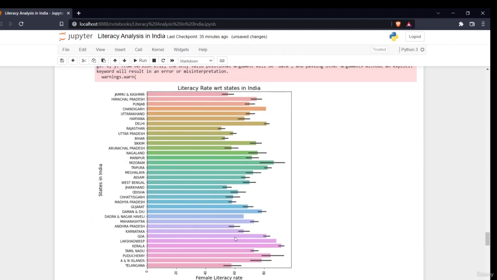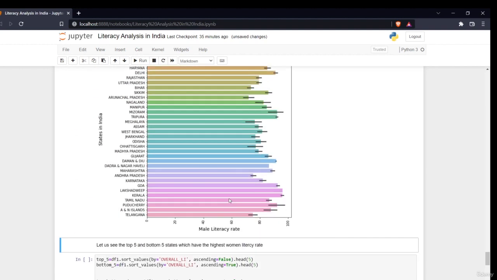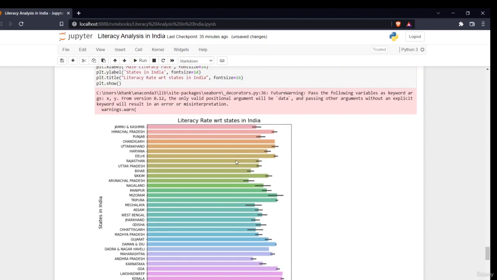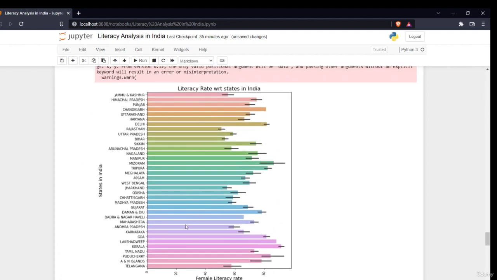The chart is already dropping below 60 in many of the states, and in the case of male, everything is above 70. The minimum is 70. So as you can see, the female literacy is not yet very good, and the state with the least female literacy is Rajasthan, obviously.